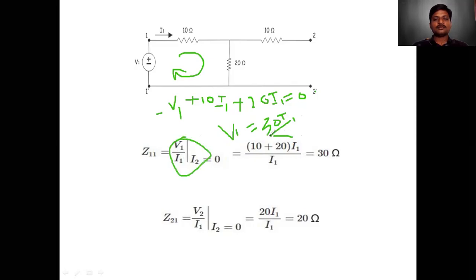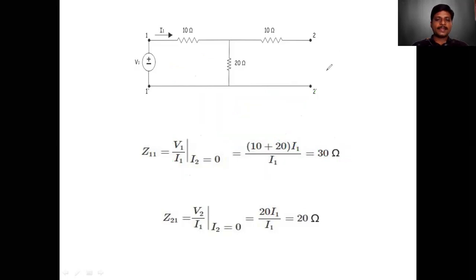Therefore, instead of V1, we will substitute 30 I1 by I1. So this I1 and I1 get cancelled, and you will be left with 30 ohms. So that is how you have to find Z11. Okay. Next, when the output port is open circuited, you can also find the other parameter, that is Z21.